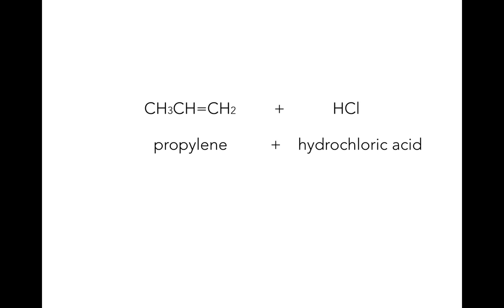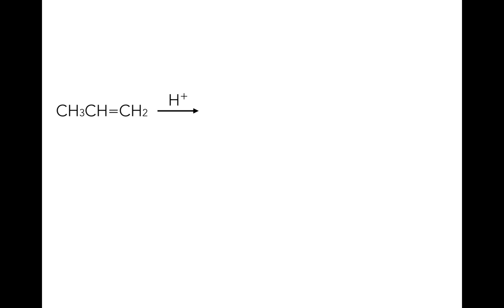And as you know, if something is an acid, that means it's going to dissociate a hydrogen proton, a hydrogen atom or cation. Propylene is an electron-rich molecule demonstrated by the double bond that you see there between my first and second carbon.